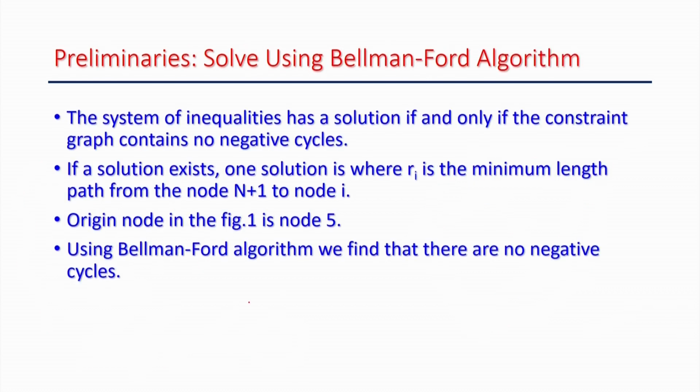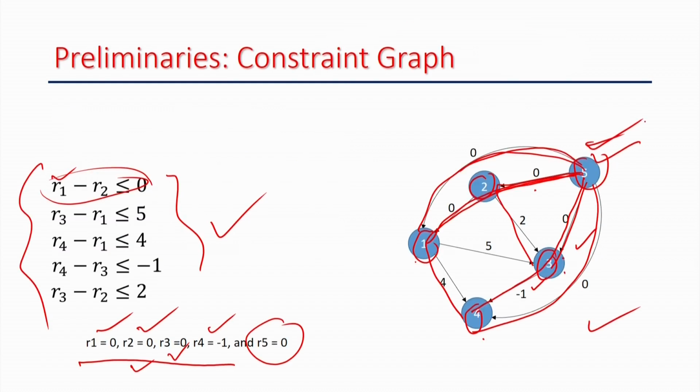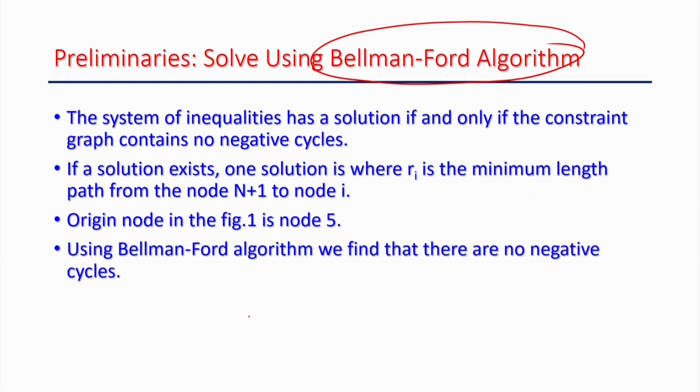So, this is what I have shown here. We can use the Bellman-Ford algorithm, a single source shortest path algorithm, which, given a graph, considers this as the source and tries to find the shortest paths. How does the Bellman-Ford algorithm work? It works iteratively. In the first iteration it finds the shortest paths from this node to other nodes of length 1, then length 2, length 3, and so on, finally length n.